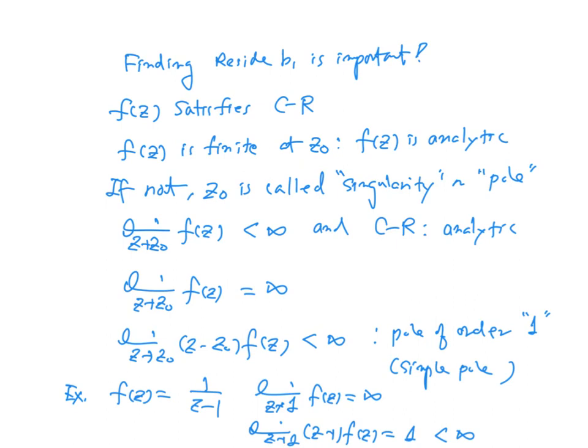So in this case, it's called a simple pole or pole of order 1. And for a pole of order 1, B1 is very easily calculated. Then B1 is called the residue.